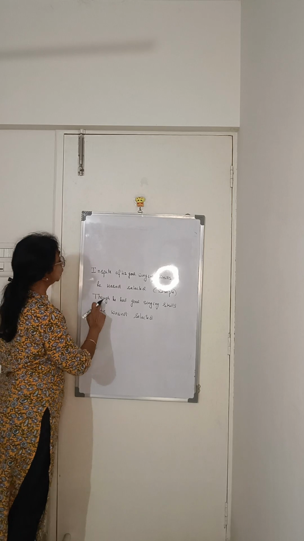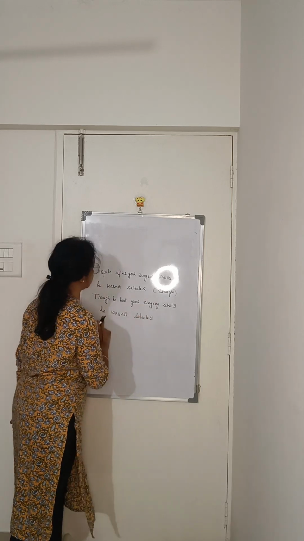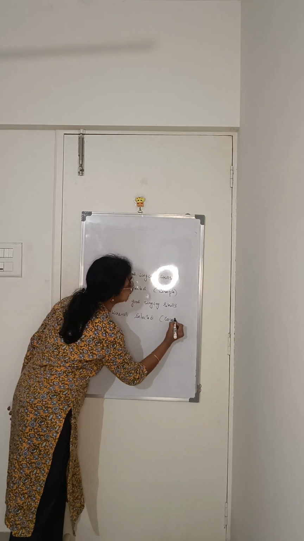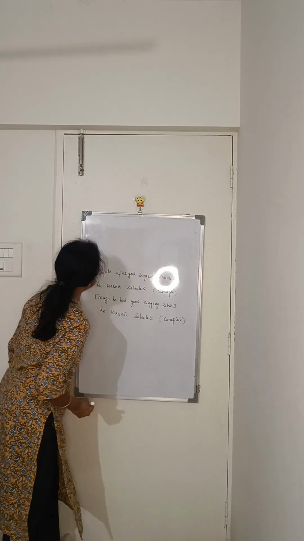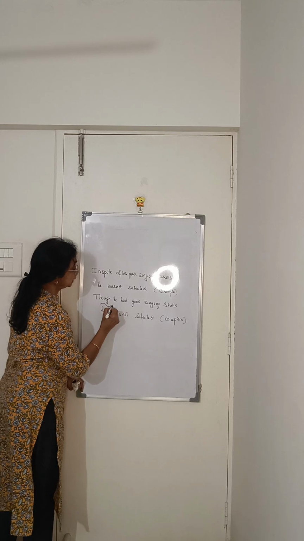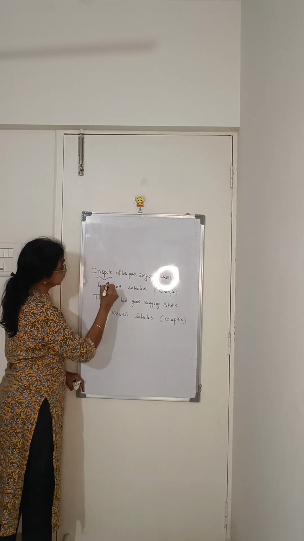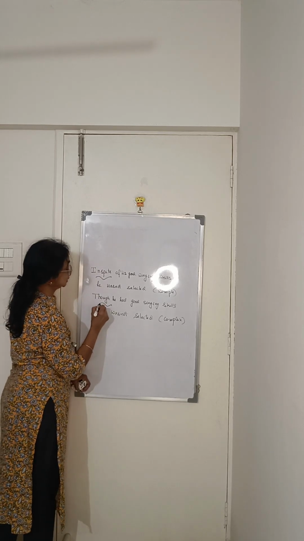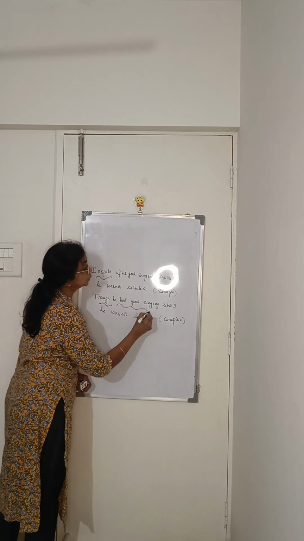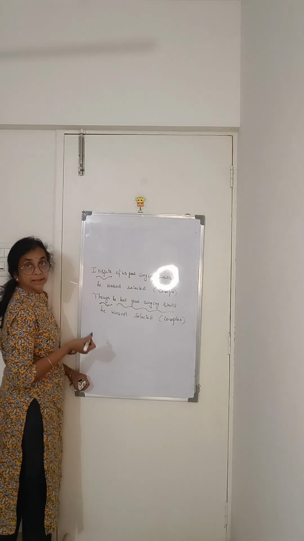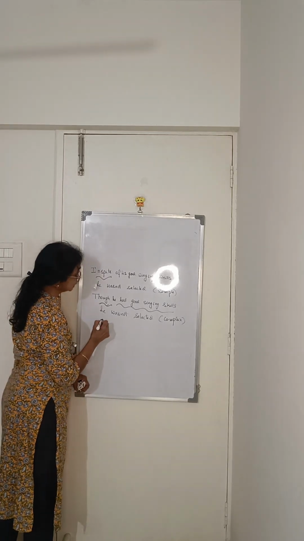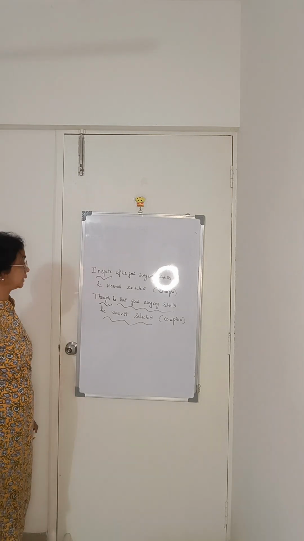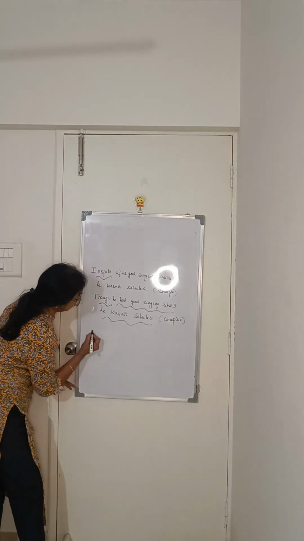This is a complex sentence. Where in spite of comes, though will come. Though he had good singing skills is the subordinate clause, and he was not selected is the main clause. Now let's see compound.